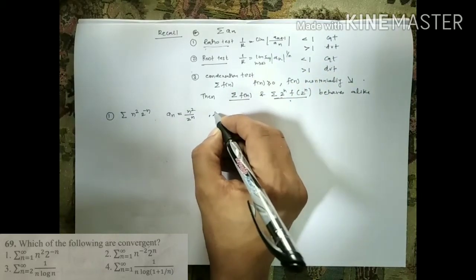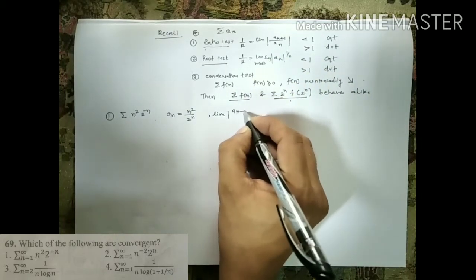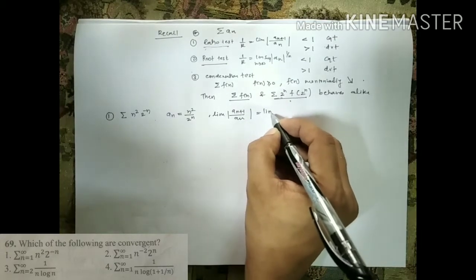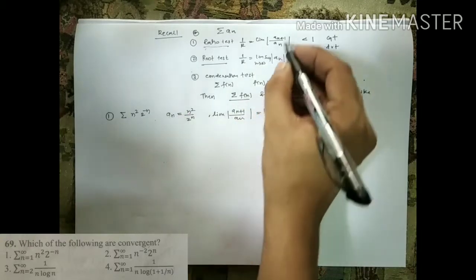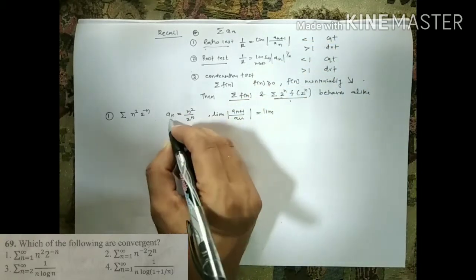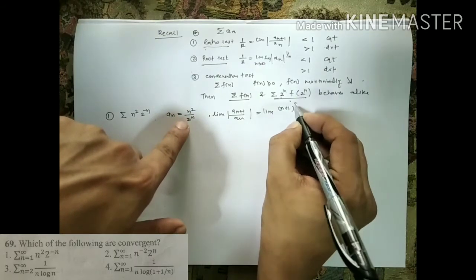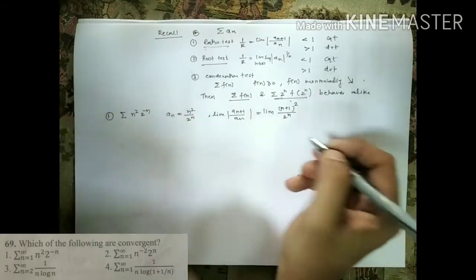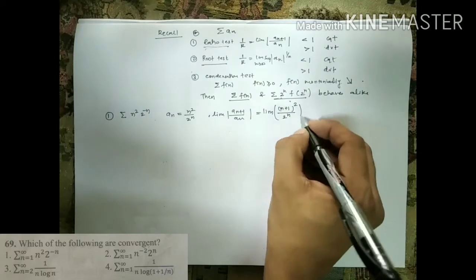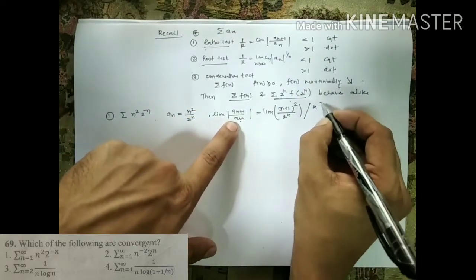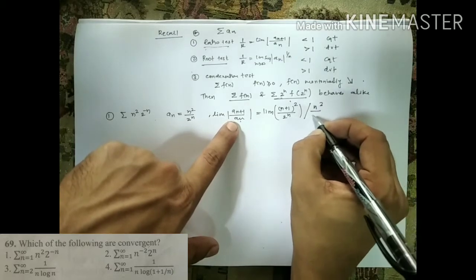What is the ratio test? The limit of a_(n+1) divided by a_n. Let's try to evaluate this limit. What is a_(n+1)? If a_n is this, then a_(n+1) will be (n+1) square divided by 2 raised to (n+1), divided by a_n, which is n square divided by 2 raised to n.